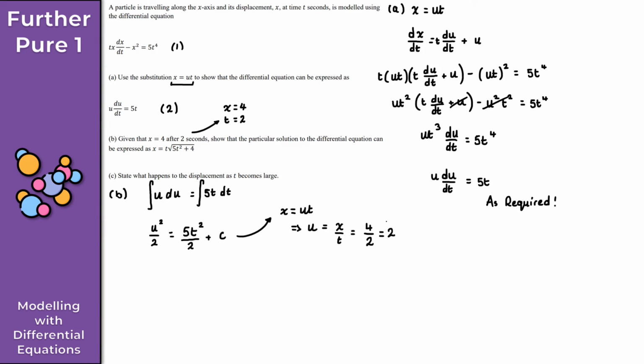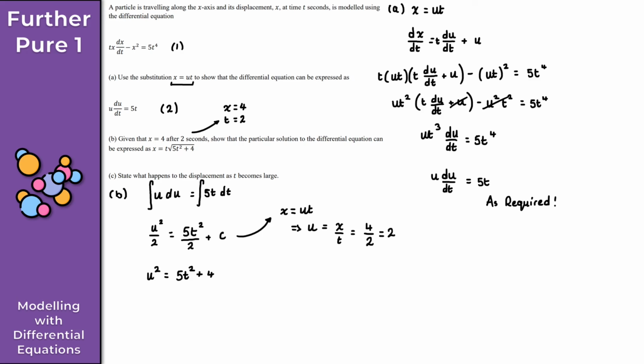Okay, so what I've got is u squared over 2 is equal to 5t squared over 2 plus 2. So my c here is 2, right? So if we times through by 2, what I get is u squared is equal to 5t squared plus 4, right? 2 times 2 gives us 4.